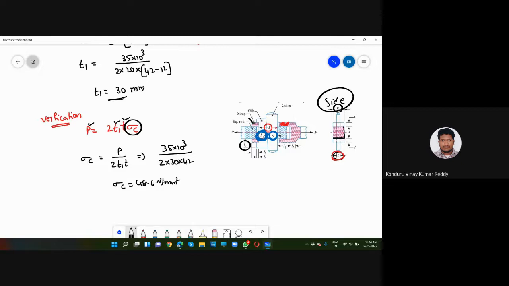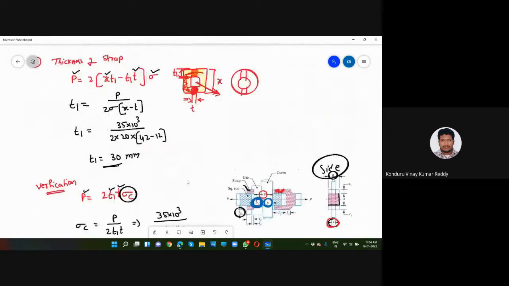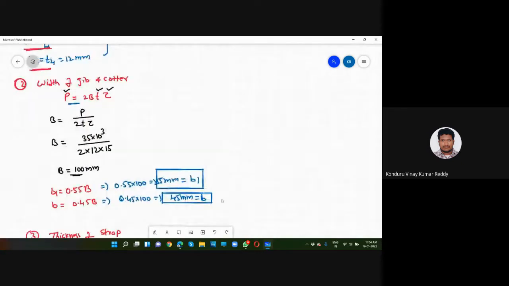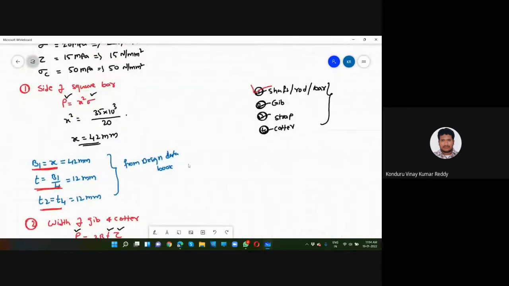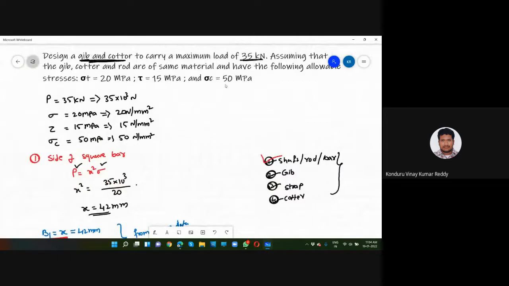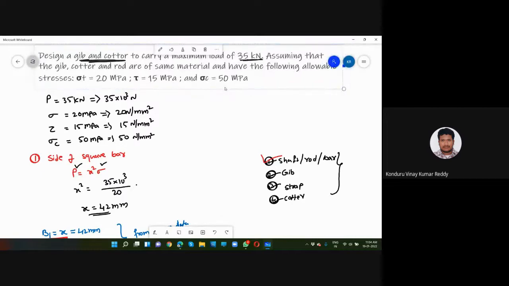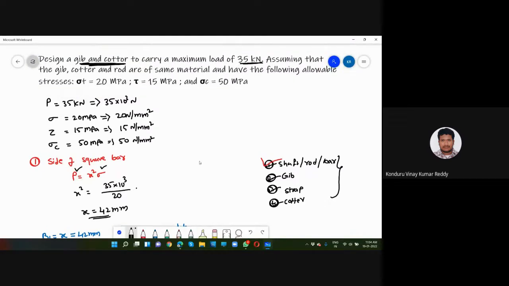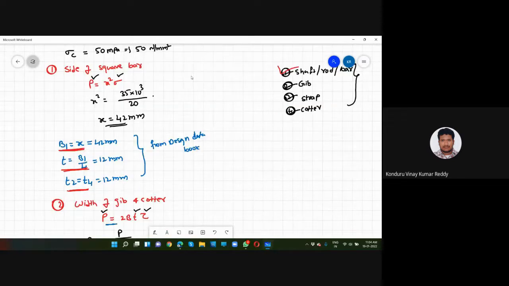If you see the question, sigma C is a bit more than the value that we got as per the question. Okay, a bit less only, that is in the corner. 48.6 is nothing but 49, a very near value. Anyway, no problem with whatever the value is, we got less than the value that is being provided in the question.